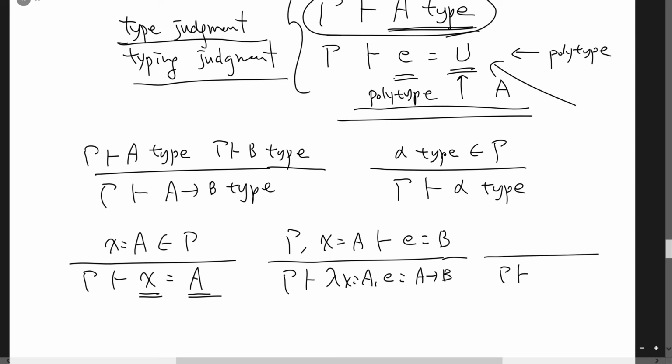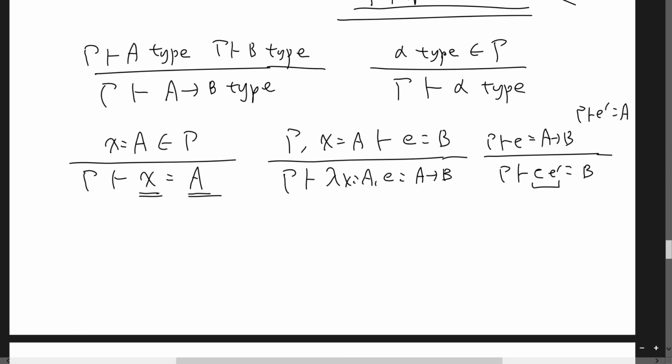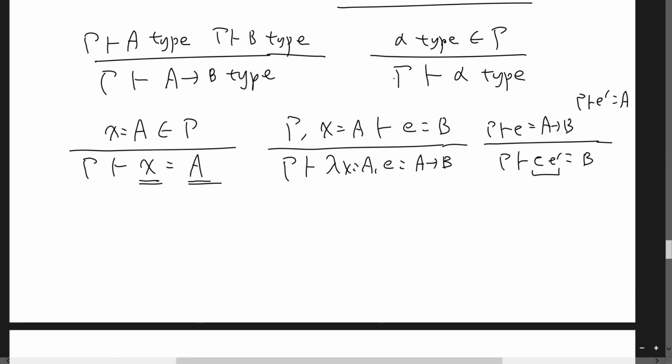Function application is also the same as before. If expression E has type A arrow B, and expression E prime has type A, then expression E applied to E prime has type B. Now what about these polymorphic types? Now we have this type abstraction.